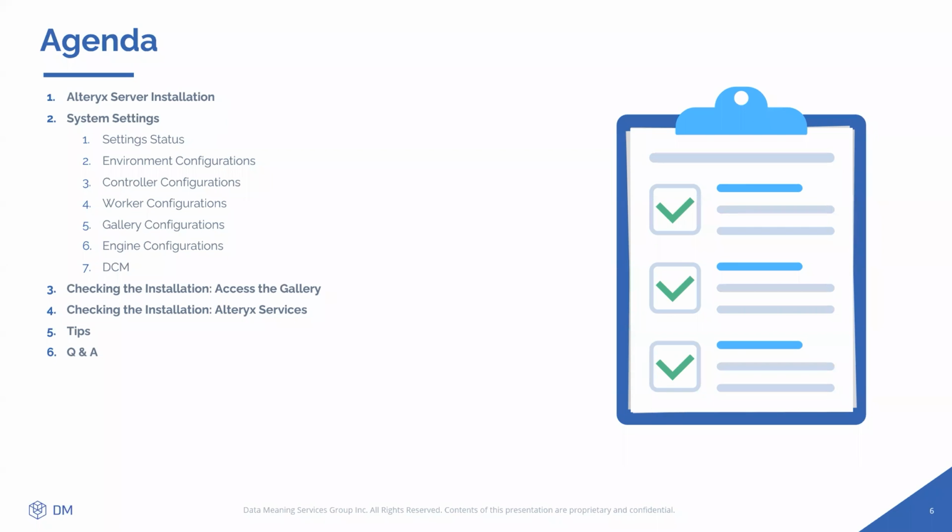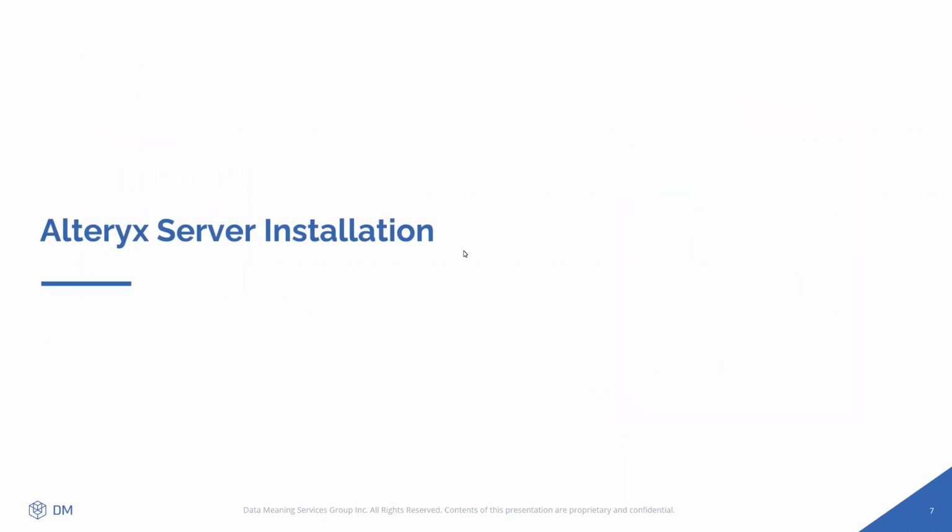And then next, I will check if the installation and the configuration are working as expected, doing some simple testing, but not them all, since we know how to use the gallery from previous sessions. And finally, I will share with you some tips and best practices and answer any questions that you might have about this topic. So, okay, let's begin.